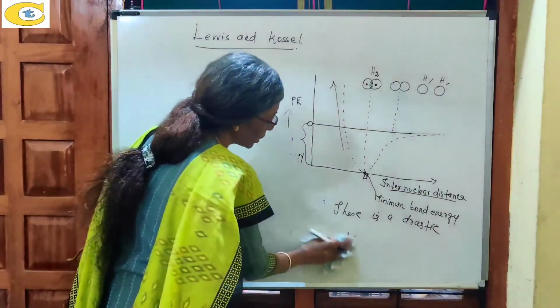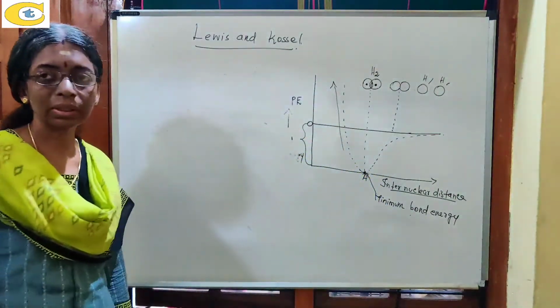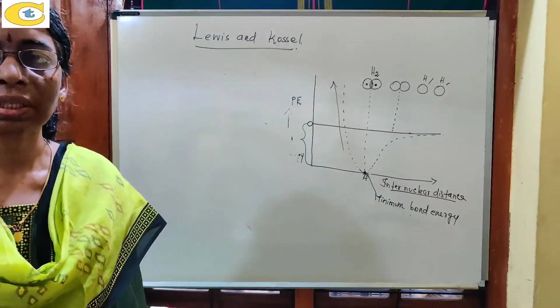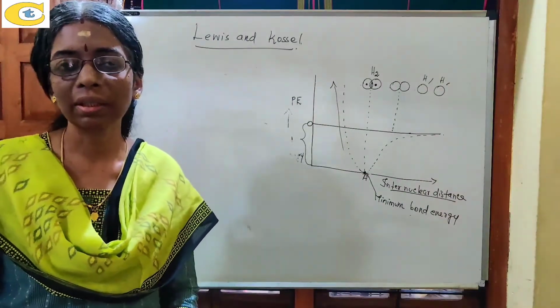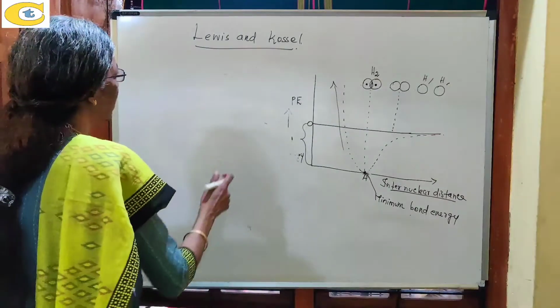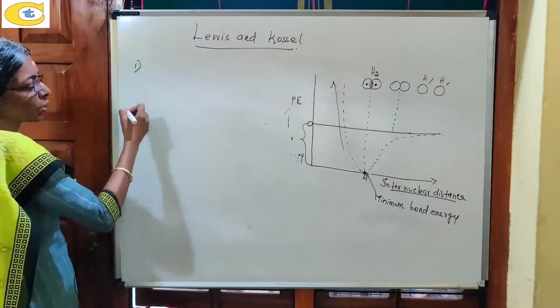Inertness means the inert noble gas configuration. Noble gases have a stable configuration. That means in the outermost shell, how many electrons? 8 electrons. So Lewis and Kossel have given this.